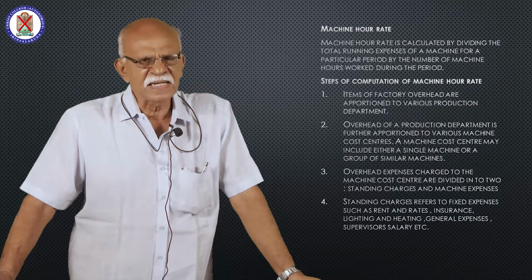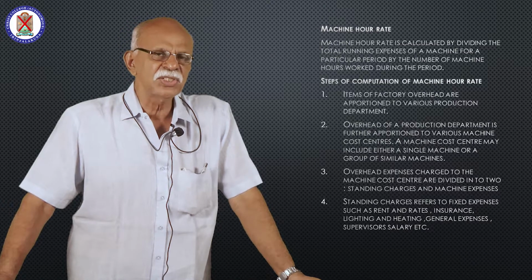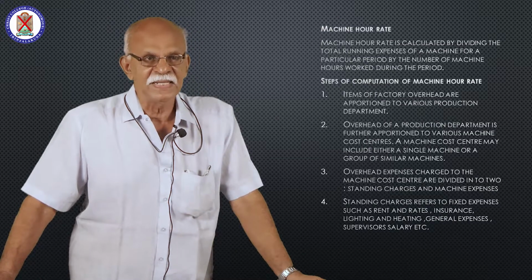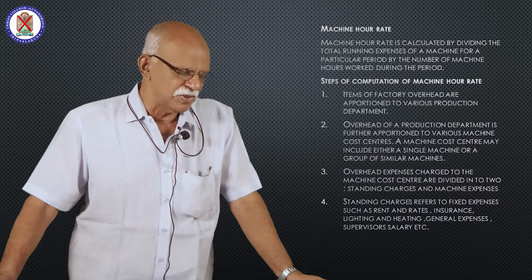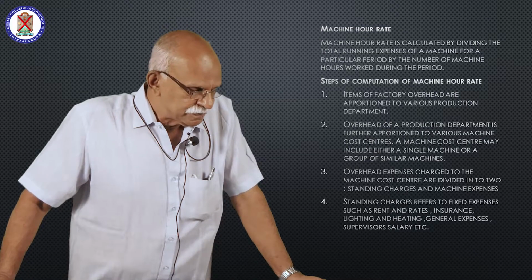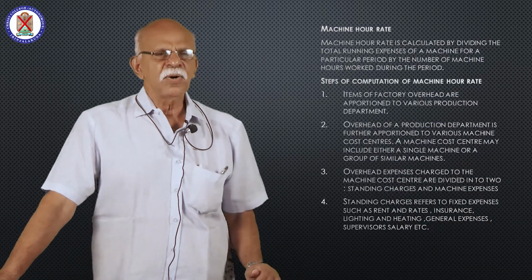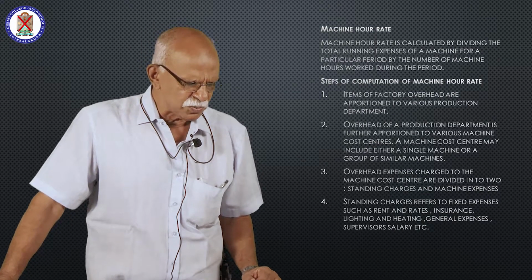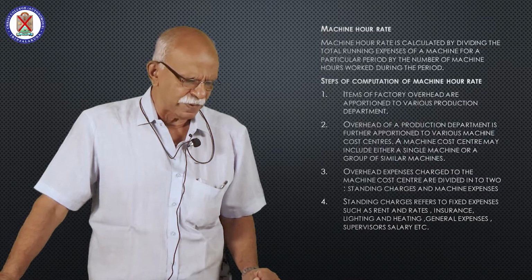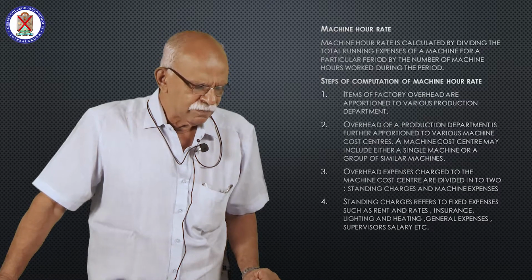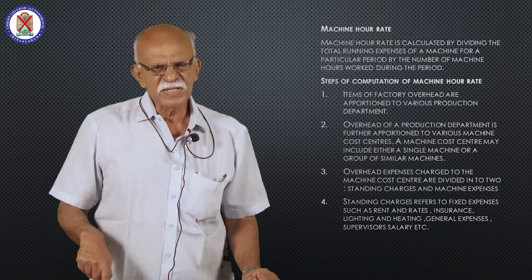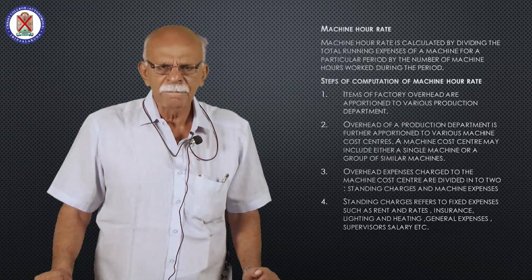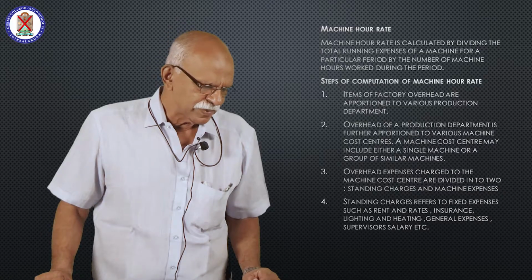The direct wages paid to machine operators are not taken into account in the simple machine hour rate. In the comprehensive machine hour rate, we take the wages paid to the machine operators also. That means all expenses incurred for running the machines plus direct wages paid to the machine operators.